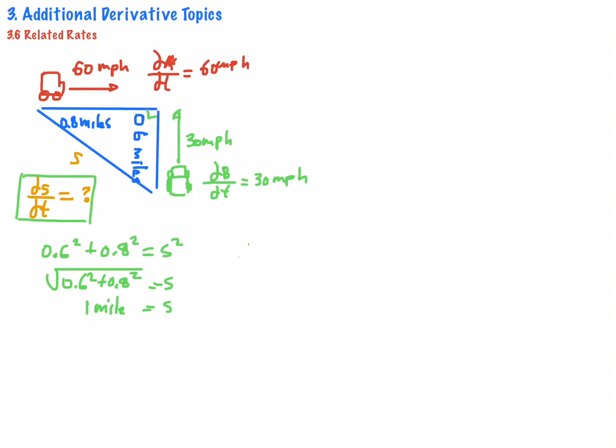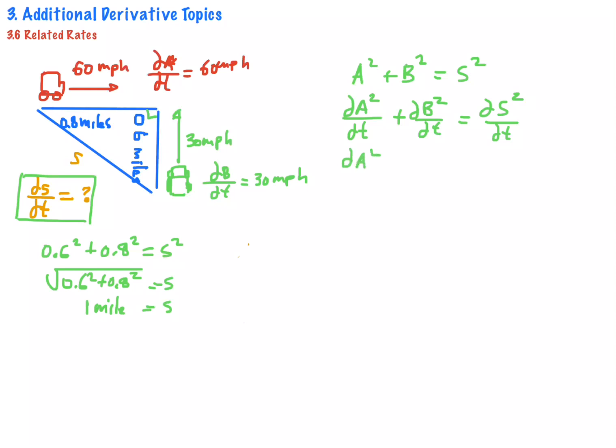We can put it like this: a squared, the distance of car A from the intersection, plus b squared, the distance from car B to the intersection, equals s squared, which is the distance between these two cars. Then let's take the derivative, which is the rate of change: dA squared over dt plus dB squared over dt equals ds squared over dt. You might find that there are many symbols over here, but don't be afraid.